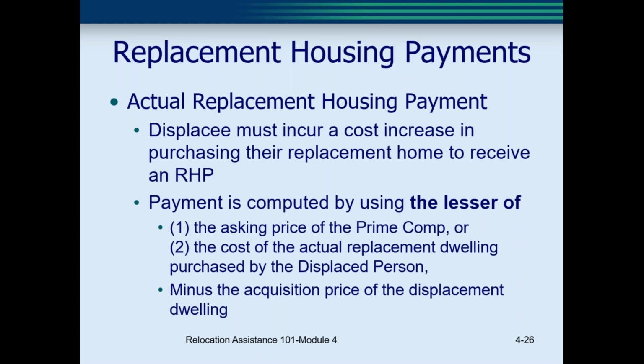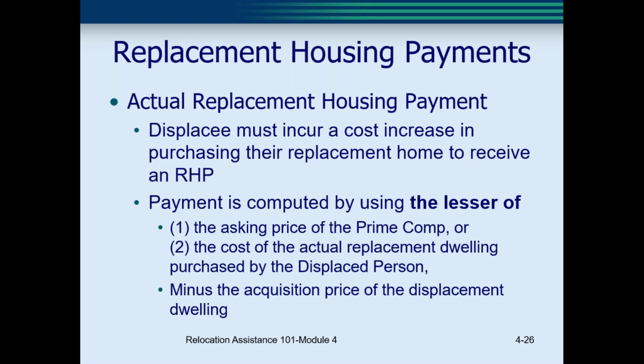So once you make your offer to the displacee and they find a suitable replacement home, how do you calculate what their actual payment is? The replacement housing differential payment is based on need, and it's based on what the displaced person actually incurs in purchasing the replacement home.